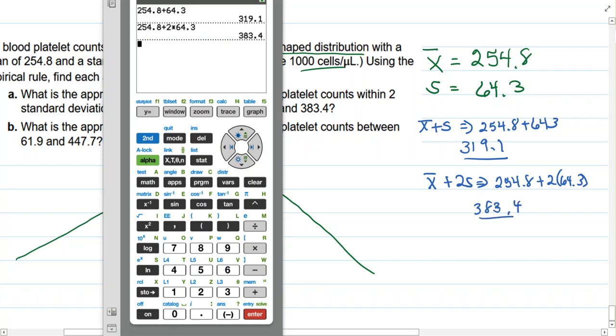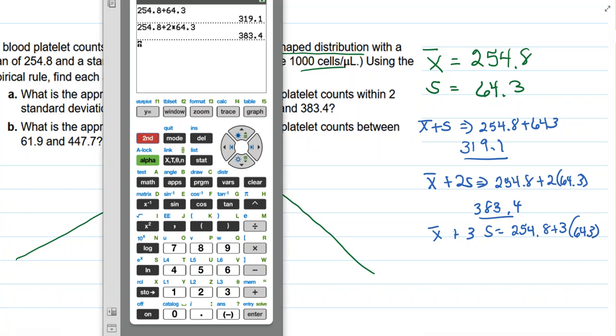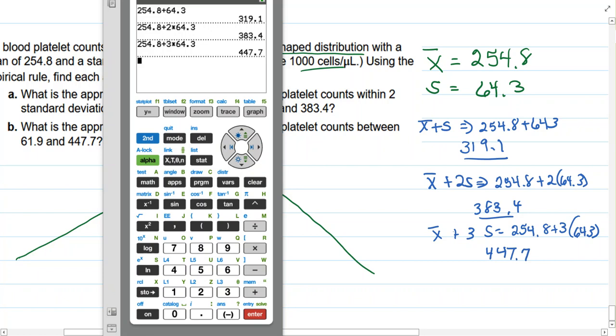Okay, so that's our next number. And then our third standard deviation is 3 times our S. That takes care of my right side.